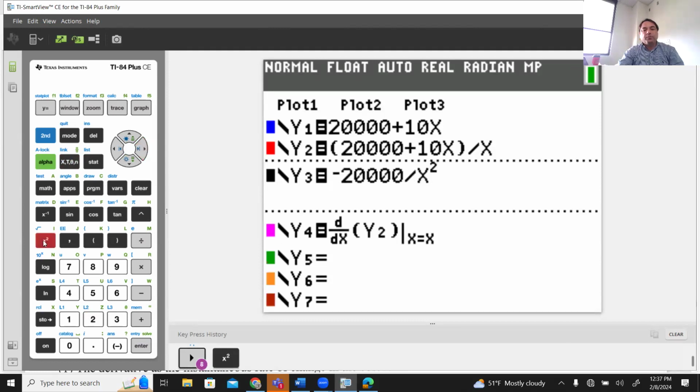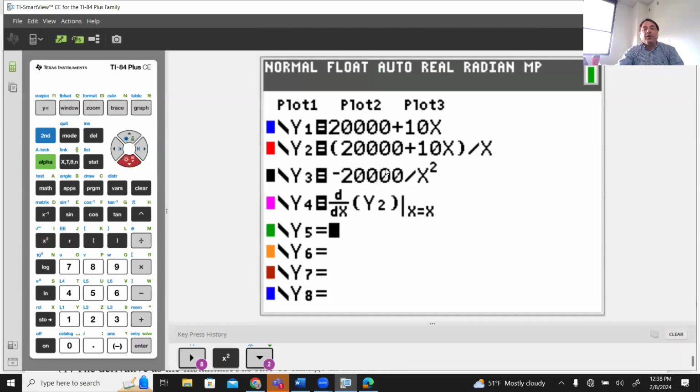Forgot the squared. The derivative of cost, the marginal average cost, and then this is the calculator doing it. So when I go to the calculator, which ones should match? Y3 and Y4. Okay, so again, cost, average cost, marginal average cost in the calculator.